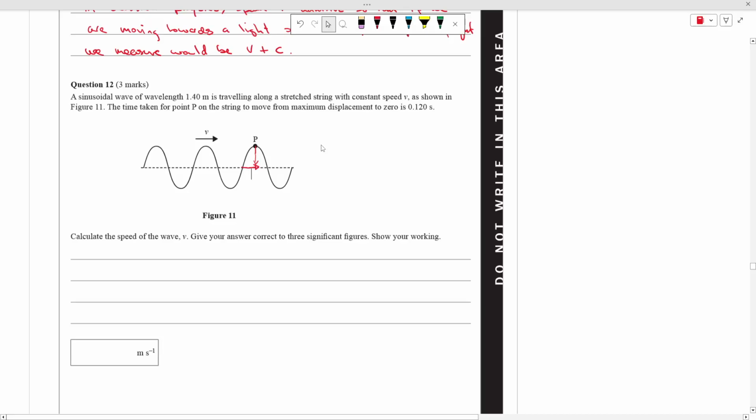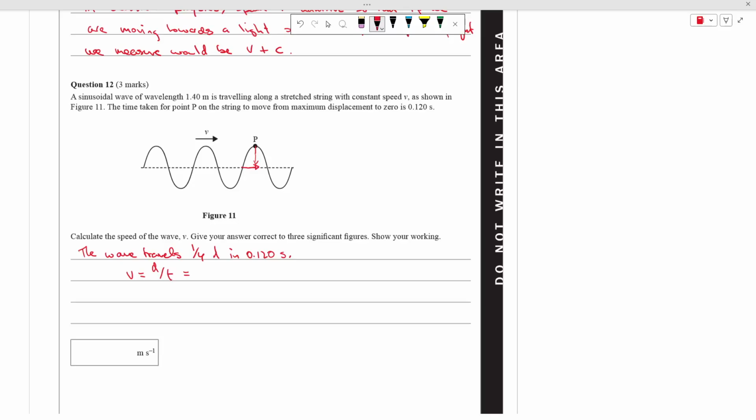So how can I phrase this? Maybe just say it in words. The wave travels 1/4 of a wavelength in 0.12 seconds. And therefore the speed is equal to distance travelled over time.